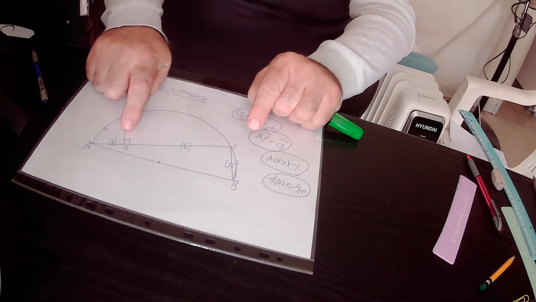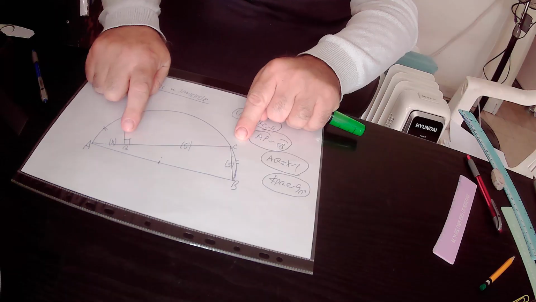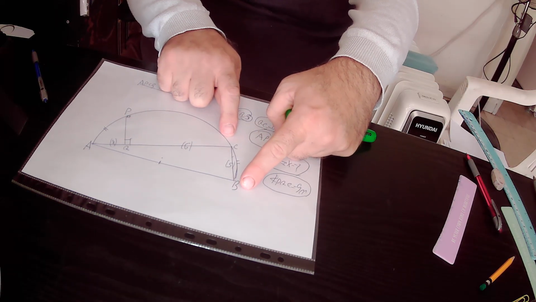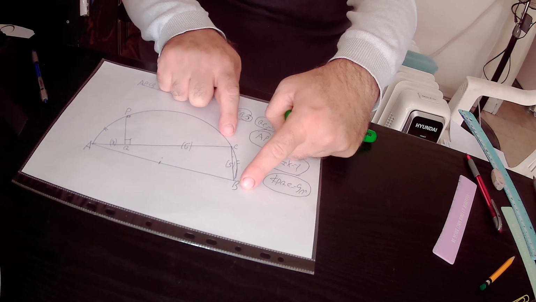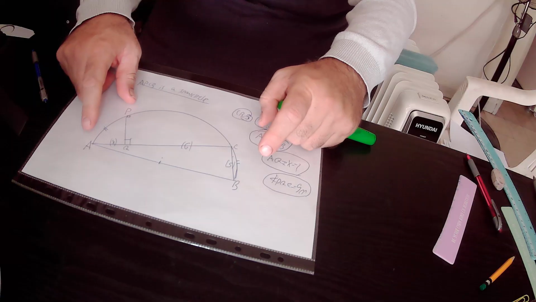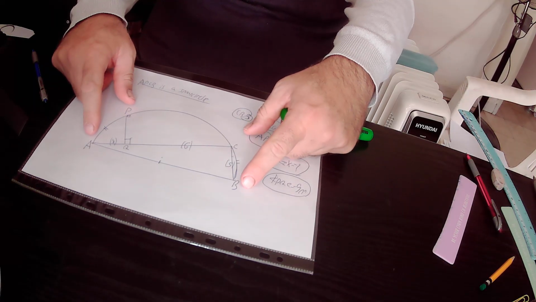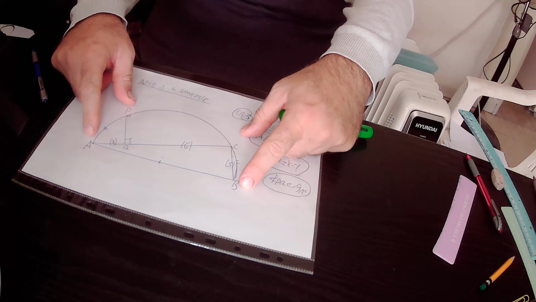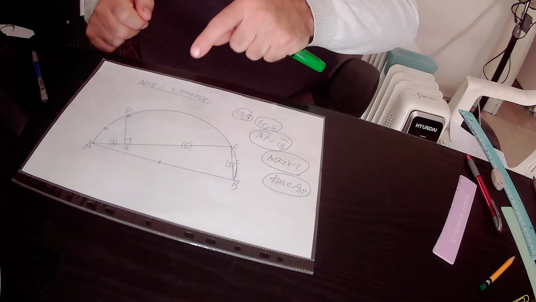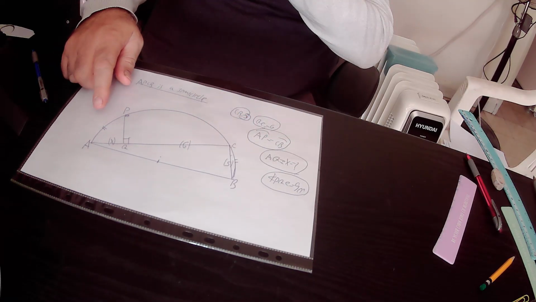This is line segment CB, or chord CB, which equals 5 units. In addition, we know that arc PA equals arc CB in its length. Again, those two arcs are equal to each other in their lengths. Again, our task is to find the length of this short line segment AQ, which equals x.